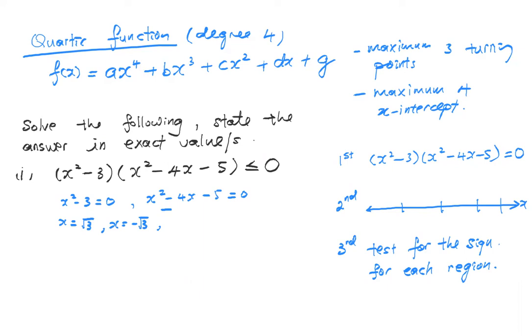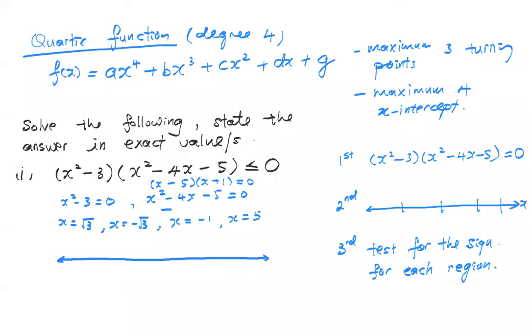If you want to factorize also, this can be factorized easily. So you got your x equal to negative 1 and your x equal to 5. So altogether there are 4 values of x that make the function equal to 0. So we draw the diagram.